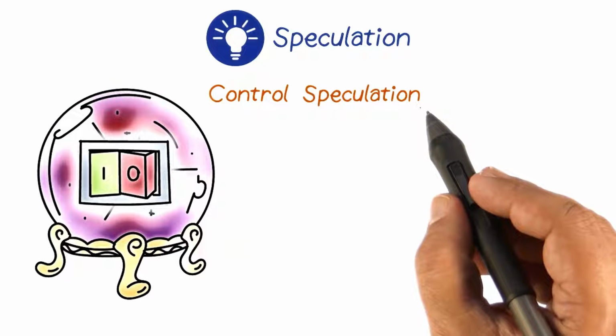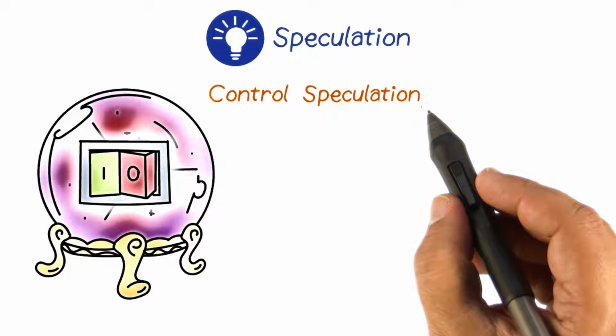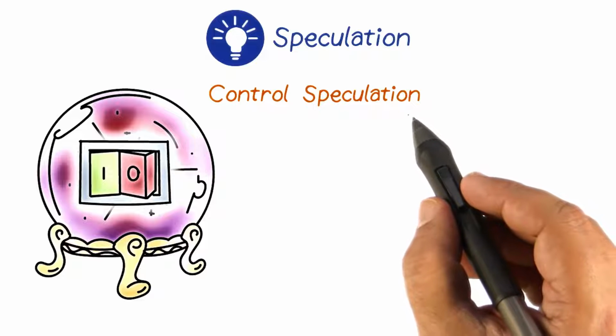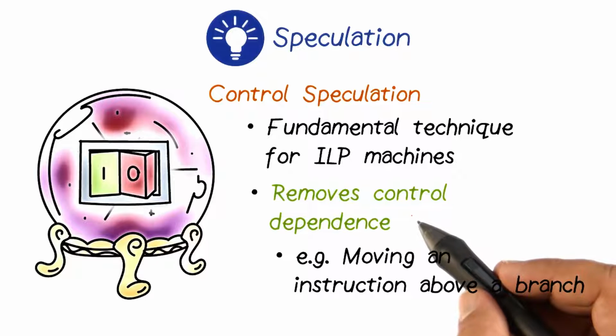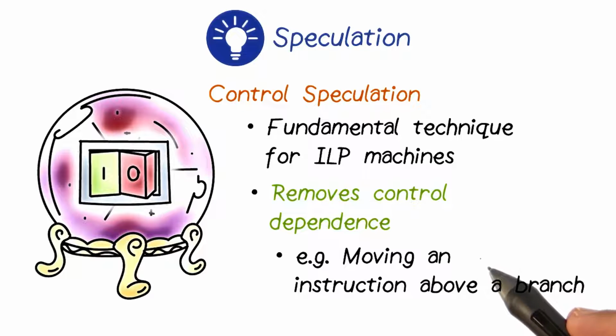So now let's look at speculation for two different mechanisms. The first mechanism is speculating on the control flow or execution, called control speculation. What does control speculation really mean? Control speculation deals with moving an instruction above a branch.